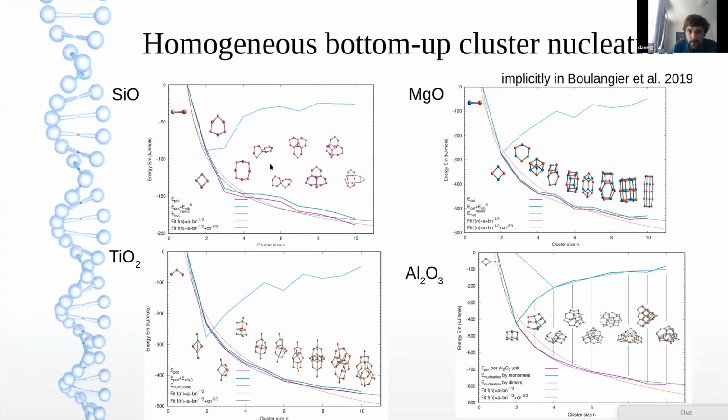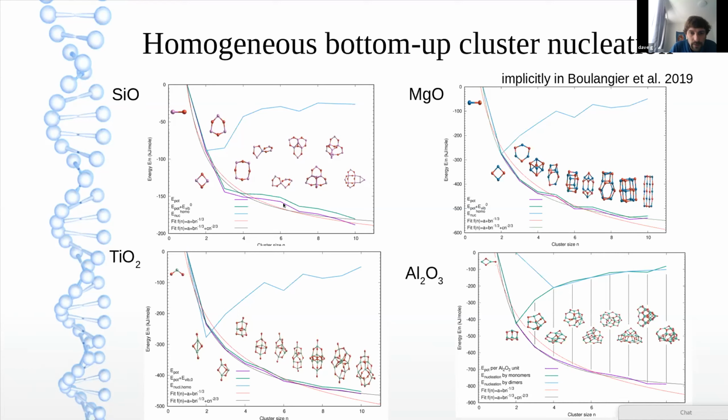However, in further detail, we still see for all four different kinds of dust species that we considered a certain deviation between our cluster data and the classical nucleation prediction.